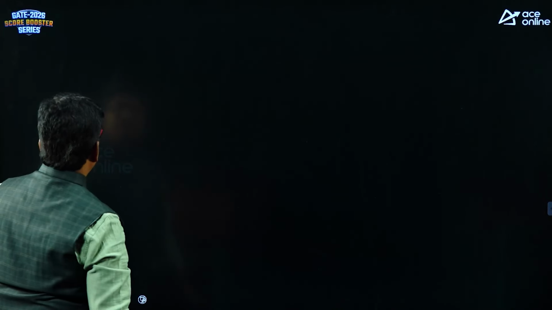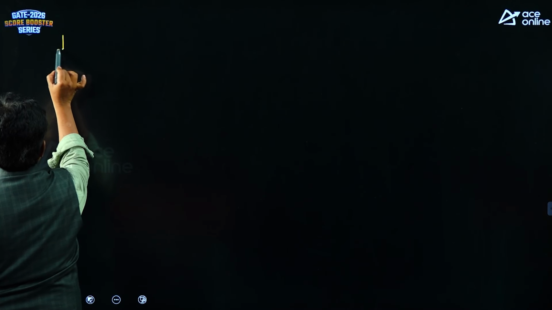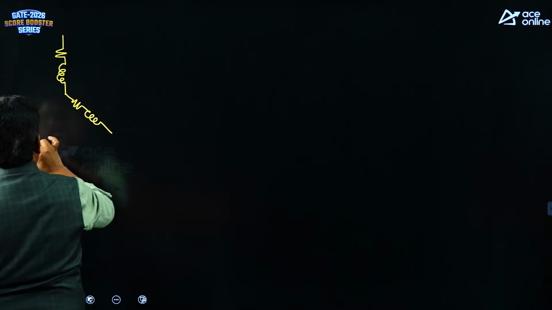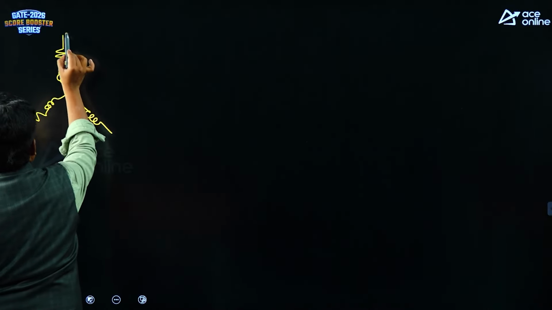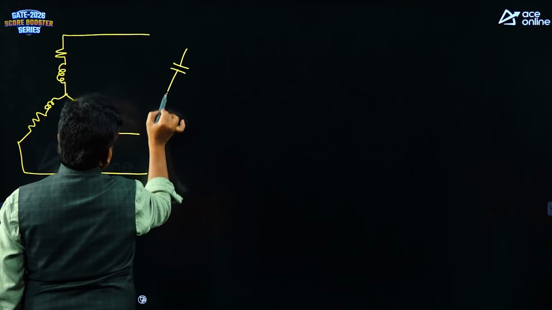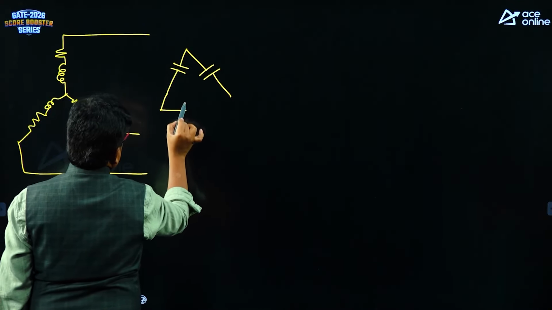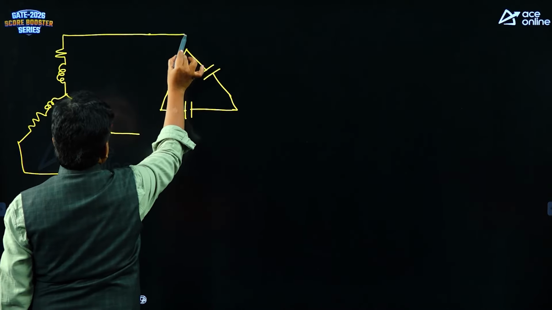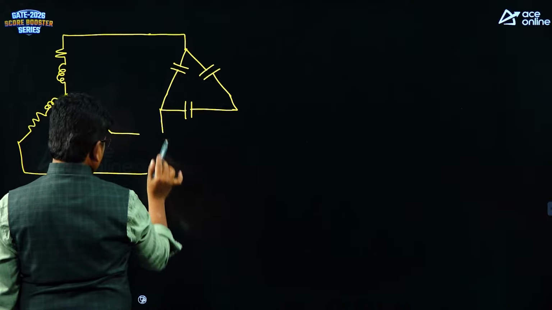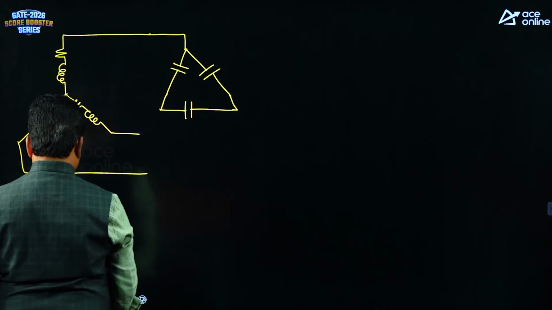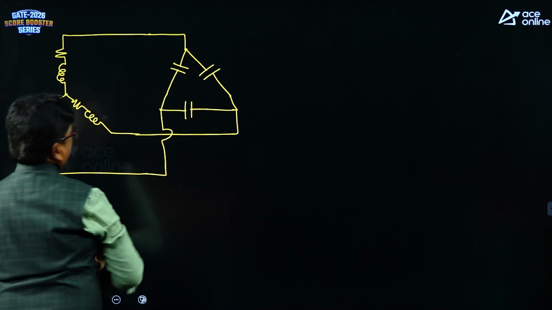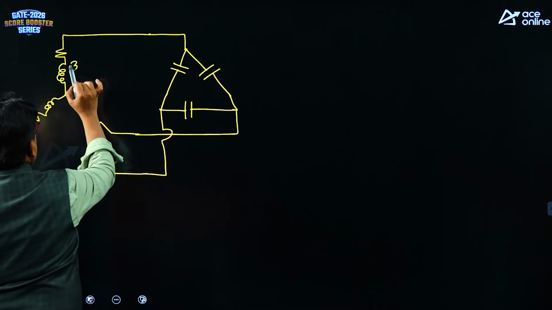So, it is given that we are having a star connected load in parallel with a delta connected capacitor bank. Here 3 plus J4 is given.